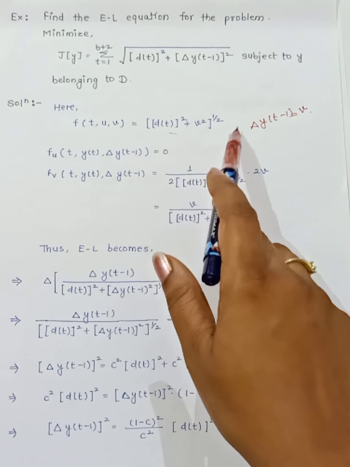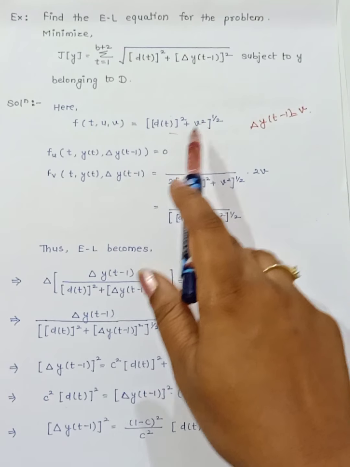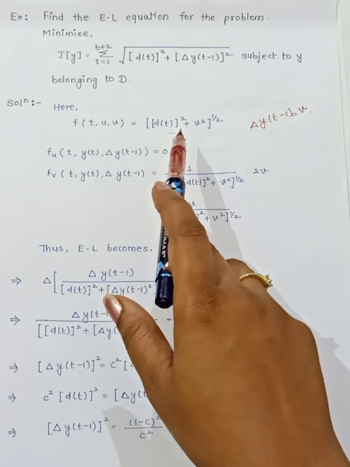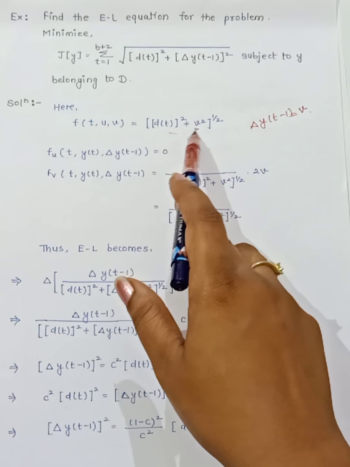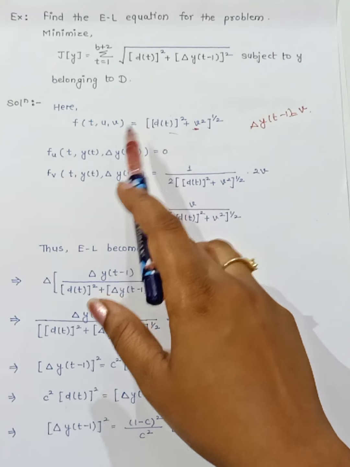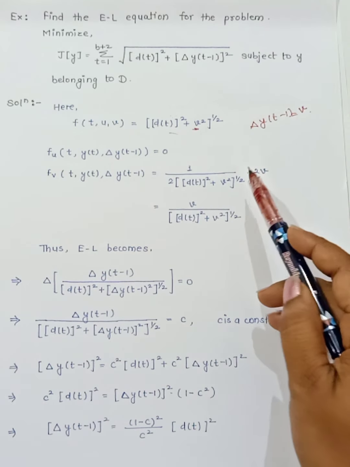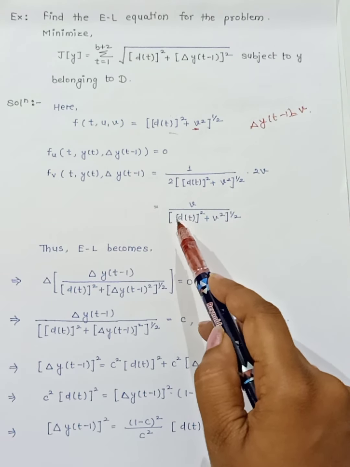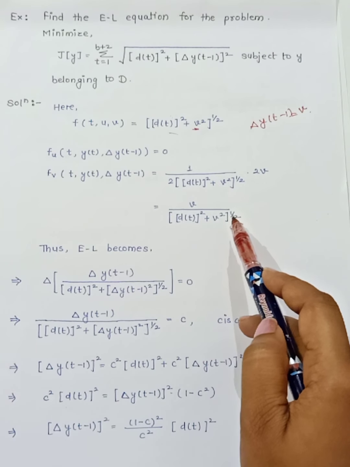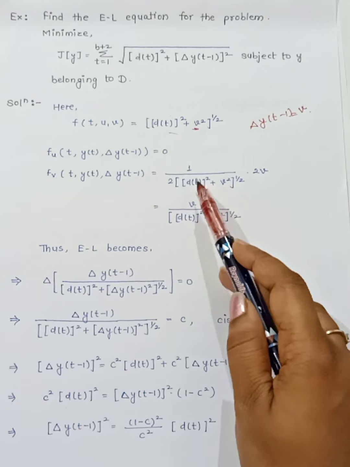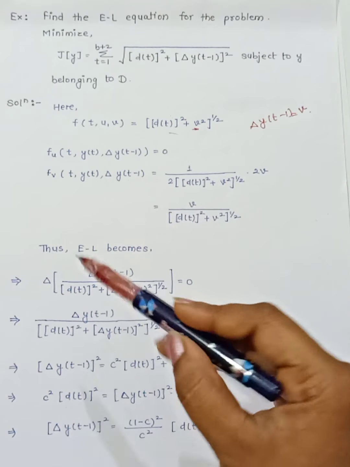So we have differentiated this with respect to v because you have the term with the v coefficient and we don't have the term with u. Now this will give us v by (dt² + v²)^(1/2). This 2 will cancel and v will go up in the numerator.